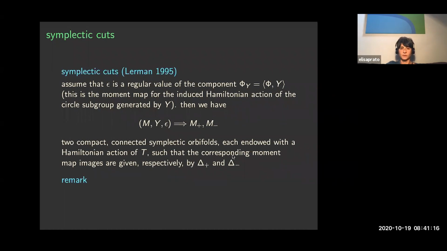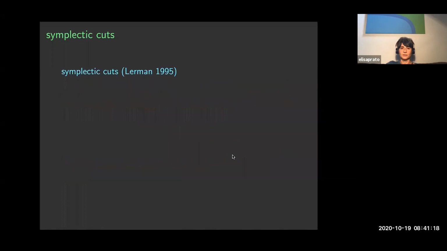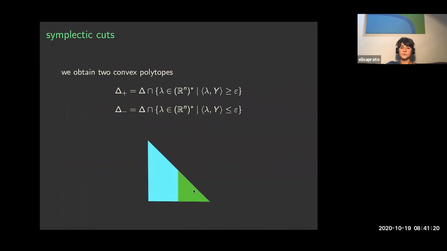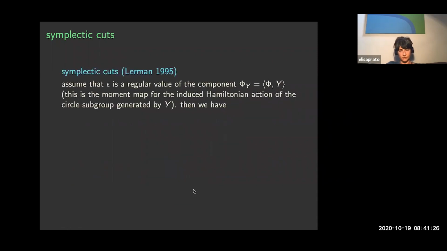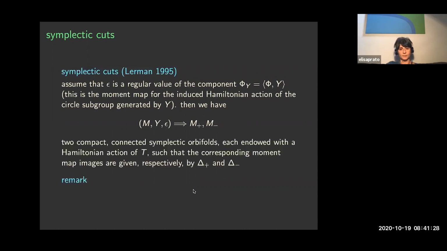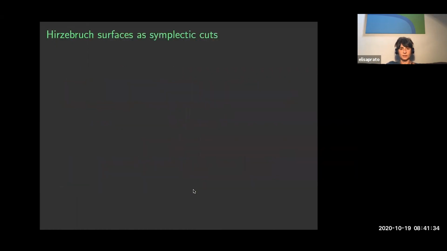Okay, so each of the smaller polytopes is the image of a different moment map on different symplectic manifolds. These spaces are obtained by symplectic reduction.